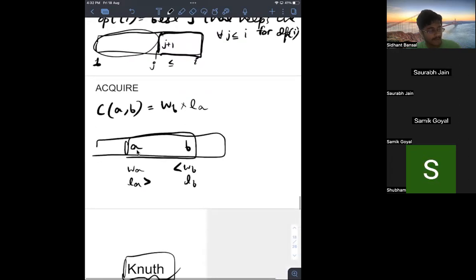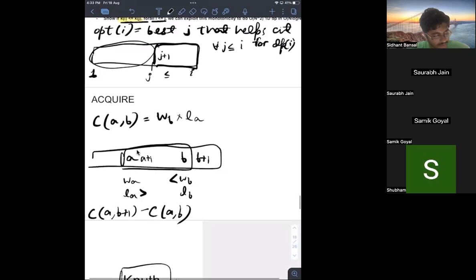Okay. Now, what's your quadrangle inequality? Quadrangle inequality says, just take these indices, A plus 1, B plus 1. Quadrangle says your C of A, B plus 1 minus C of A, B, that is the incremental difference when you expand AB to AB plus 1, has to be greater or equal to the incremental difference had you started from A plus 1.